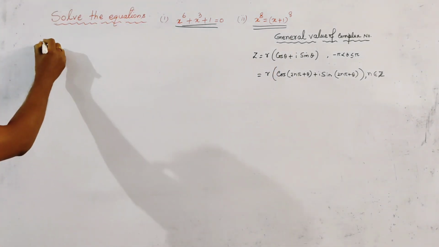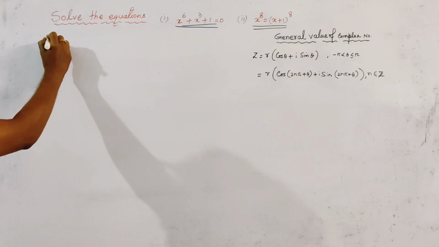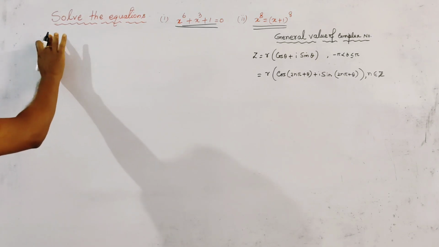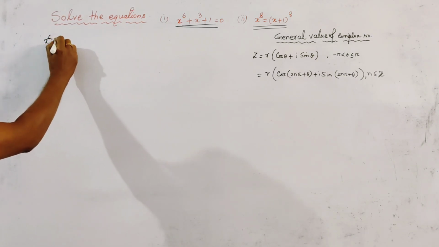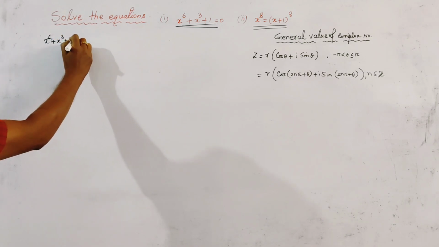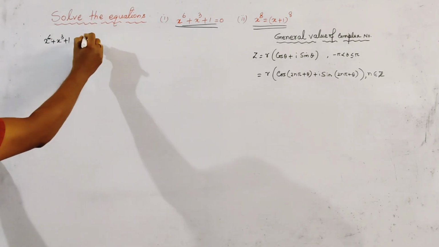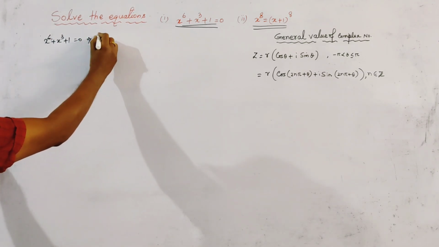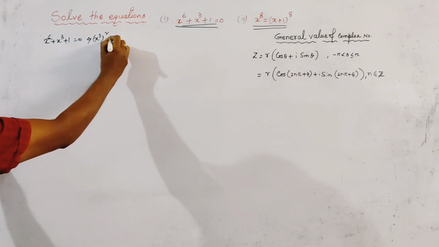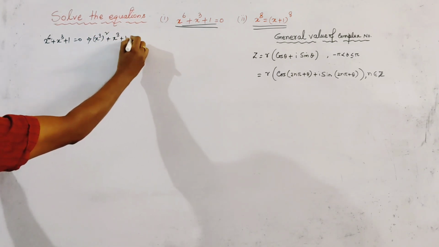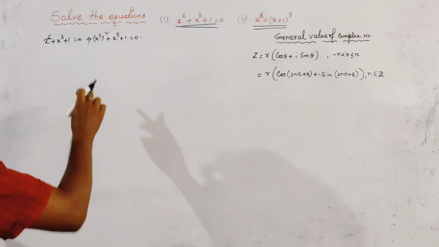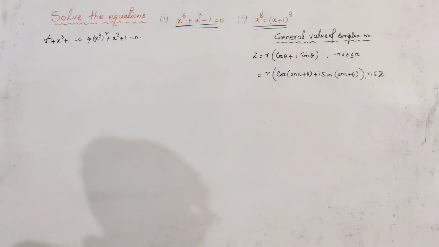Now we start with the first equation. This is x to the power 6 plus x cube plus 1 equal to 0. So it can be written as (x cube) whole square plus x cube plus 1 equal to 0. So this is a quadratic equation in x cube.